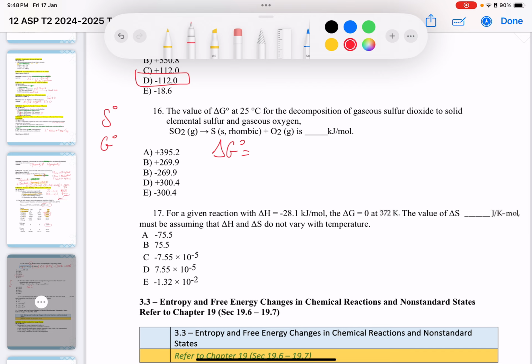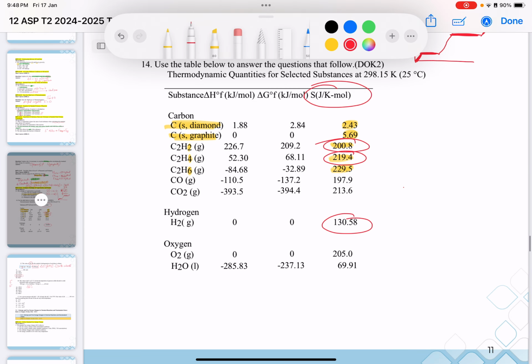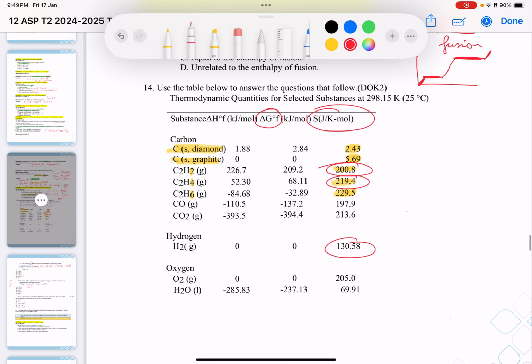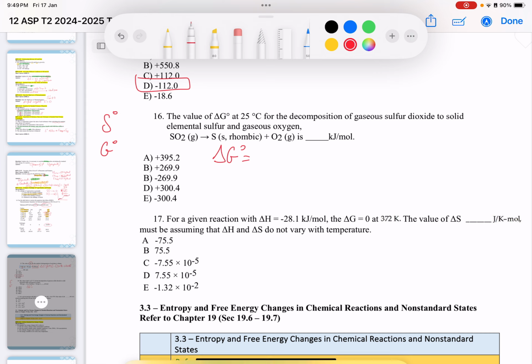Now, note here that if a substance is in the standard form, the G standard will be 0. So let's look at oxygen. Here O2 is 0. Anyway, they are giving it to you in the table. But if it's not given, you should know that this is 0.